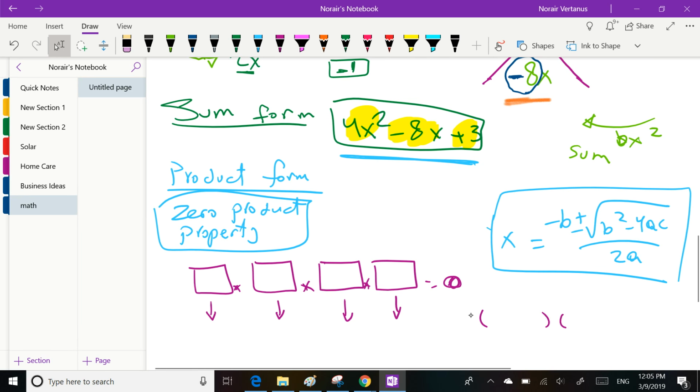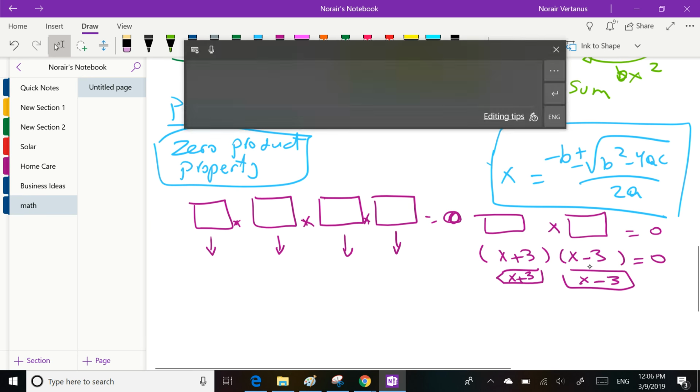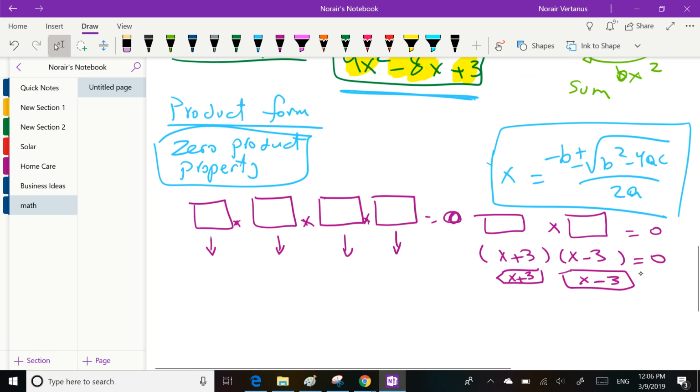So if you have something like x plus 3 times x minus 3 equals 0, right? You see, these are two rectangles or boxes. These two boxes multiplied is equal to 0. It means either x plus 3 is equal to 0, or x minus 3 is equal to 0, right? If either one of them is equal to 0, the result is 0.